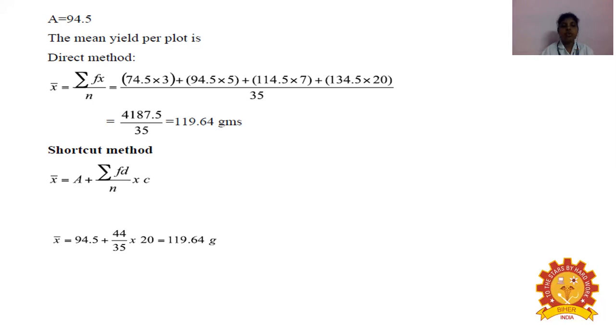Next, we will see the shortcut method for this problem. The formula for this method is x bar equals a plus summation fd by n into c. X bar equals a, which we already know is 94.5, plus summation fd column value 44, n is 35, so 44 divided by 35 into class interval length, that is 20.